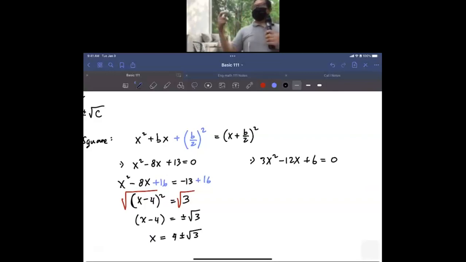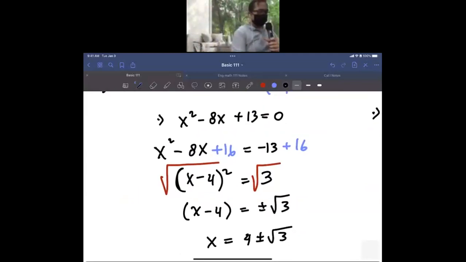Okay, maybe something to be taken as a note. With the perfect square or any equation that you might encounter in mathematics or in calculus, when you deal with some equation, you need to have a reason why you add or subtract something. If you just add out of nowhere, like for example, this part here, I'm adding plus 16. Can I do that? No, unless I add plus 16 to both sides, because then it will be the same thing as the original question, right?